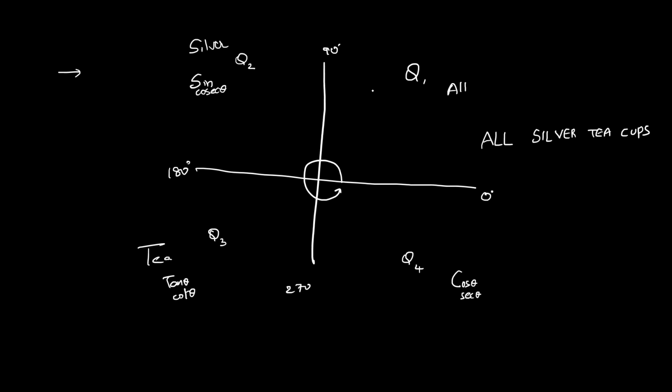It will be 90 minus theta, and in the second quadrant it will be 90 plus theta and 180 minus theta, and in the third quadrant it will be 180 plus theta and 270 minus theta, and in the fourth quadrant it will be 270 plus theta and 360 minus theta.